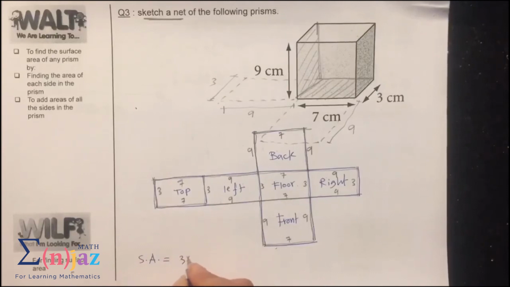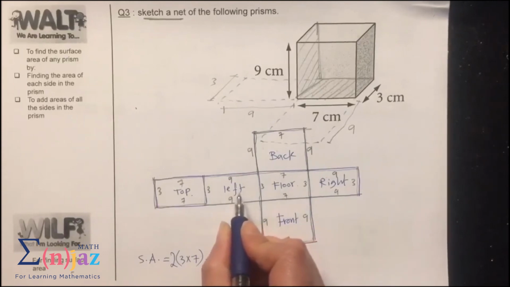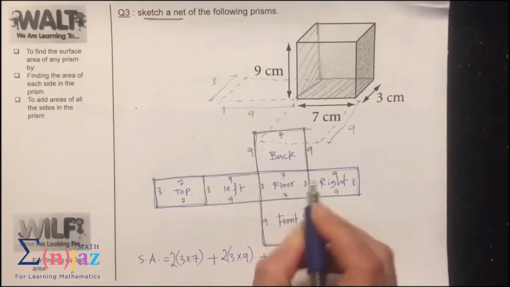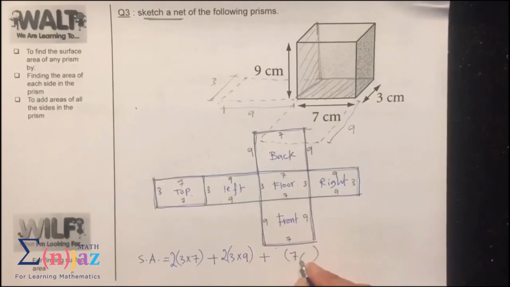It's 3 times 7. And I have 2 pieces of it, so times 2. Plus, what is the size of this piece? It's 3 times 9. And I have 2 pieces of it, so times 2. Plus, what is the area of this piece? It's 7 times 9, and I have 2 pieces of it.